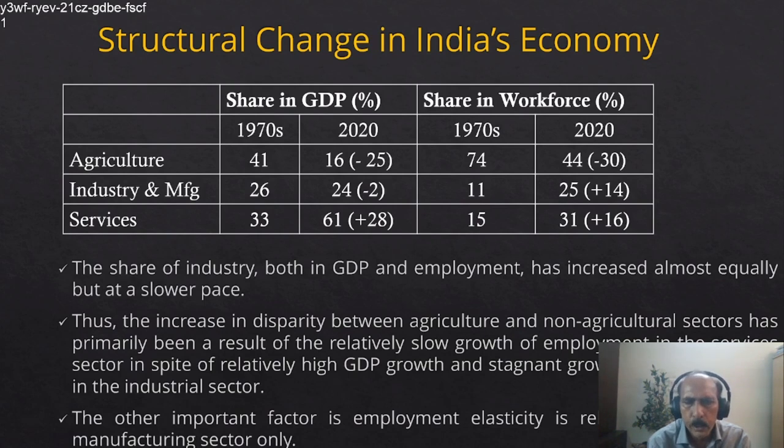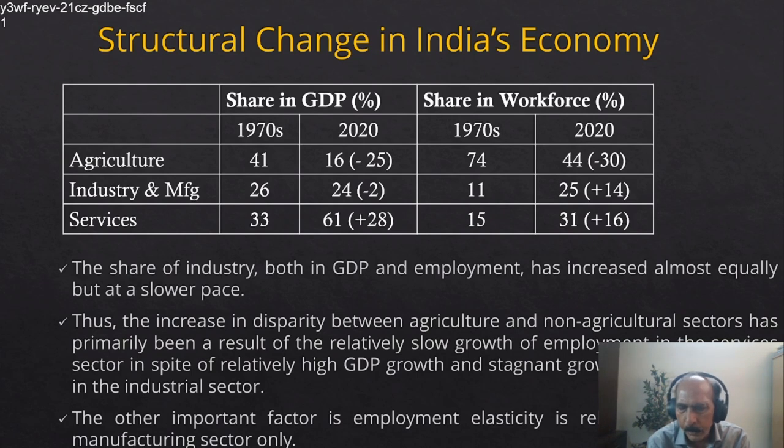the workforce which is released by agriculture has not been fully absorbed by industry and manufacturing in the first place, as highlighted by various economists in the process of structural change. Rather, the workforce released by agriculture has been absorbed largely in the services sector.